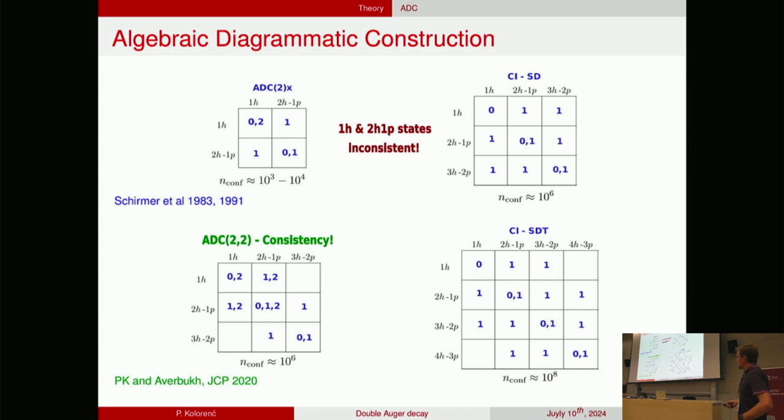So this consistency is very important, and we actually have to include also three hole two particle type configurations, so those two particles can represent the double continuum.